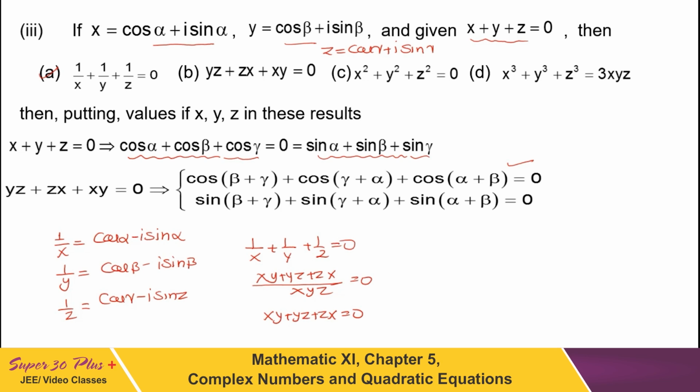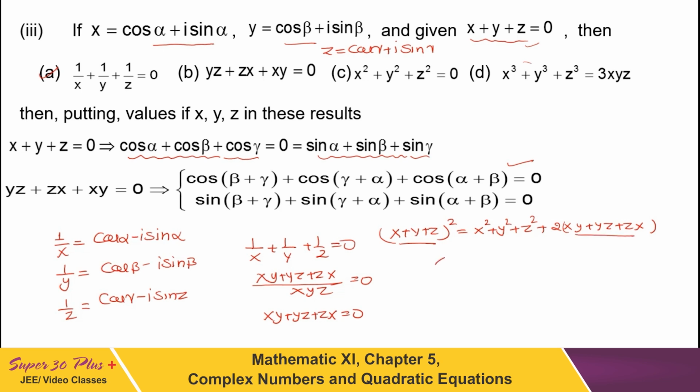What is the formula of x² + y² + z²? Now we write (x + y + z)² is equal to x² + y² + z² + 2(xy + yz + zx). And as we know, x + y + z is equal to 0 and xy + yz + zx is equal to 0.